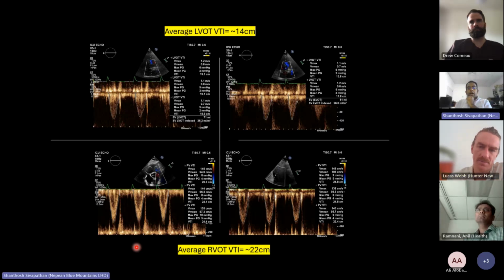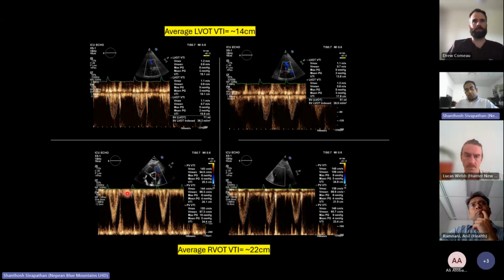Compared to your RVOT VTI, your LVOT VTIs often look hazy and not as clear cut. What you really want is the modal velocity, the most red blood cells going through that chamber.